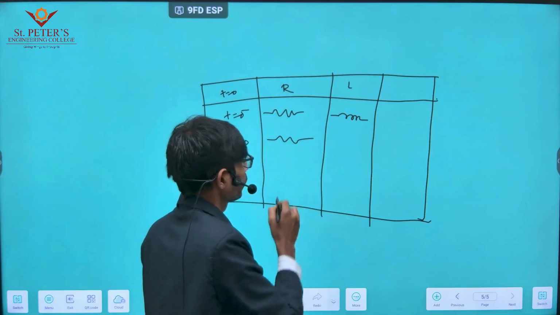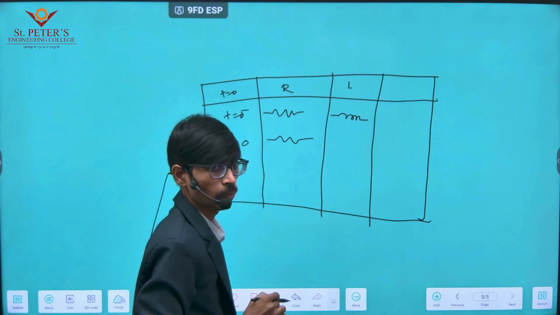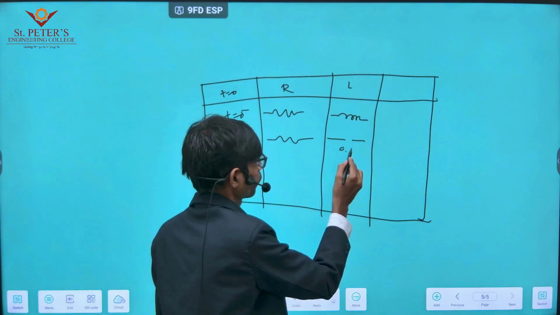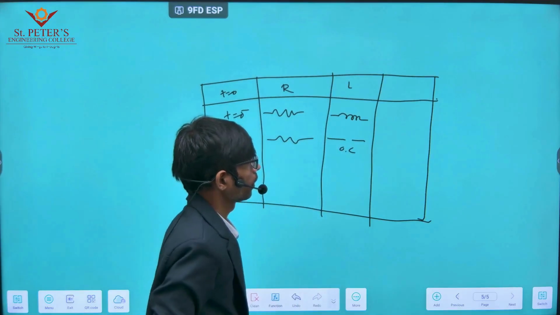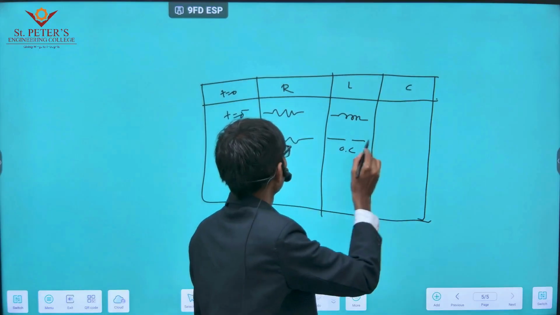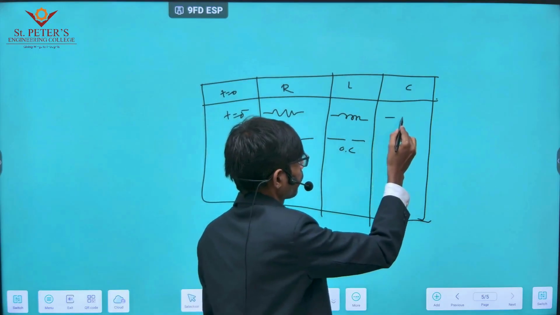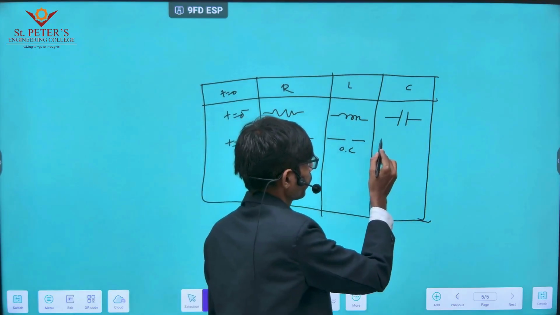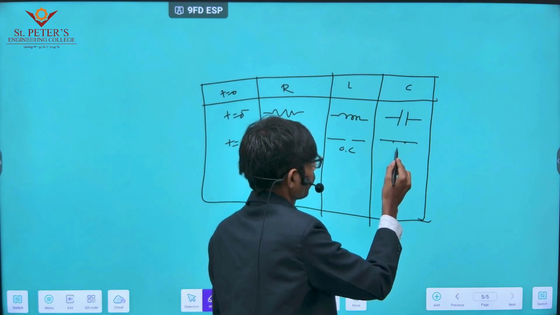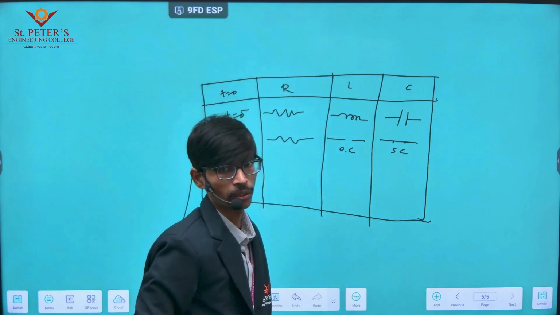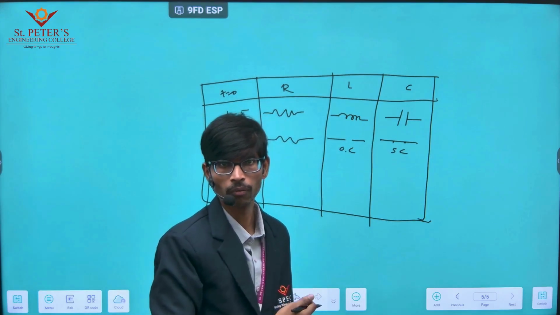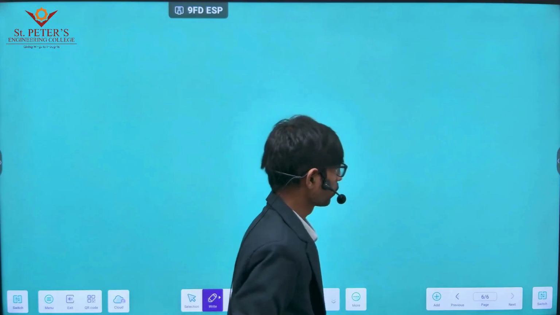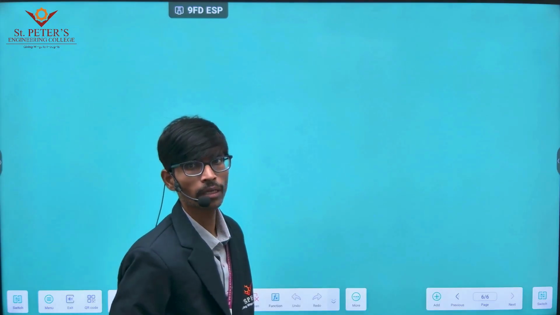But at t equal to 0 and t equal to 0 plus, the inductor will act as an open circuit. Coming to the capacitor C, at t equals 0 minus, the capacitor will act as only a capacitor, and when t equals 0, immediately on switching on, the capacitor will act as a short circuit. If you remember this tabular form, it is very easy to derive the equation for transient response.